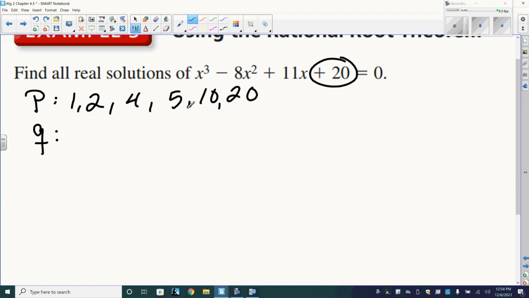Now we need to find the factors of the leading coefficient, which would be, well, 1, because the leading coefficient is 1.